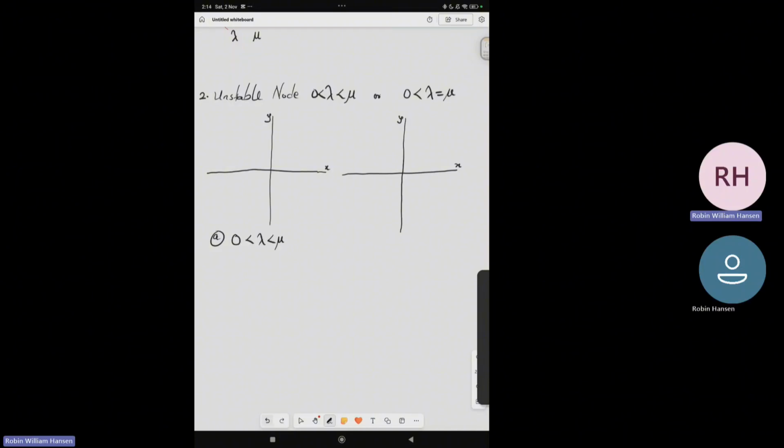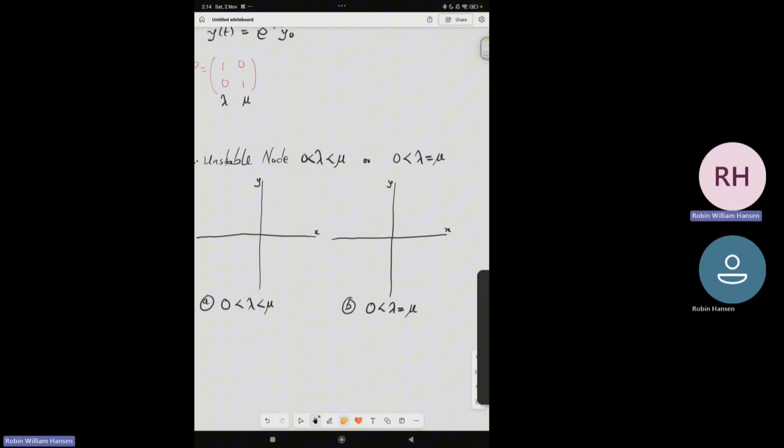We will use our second phase portrait to plot where lambda is greater than 0 and equal to mu. Our phase lines are pointing outward from the origin. So our phase lines are like this.